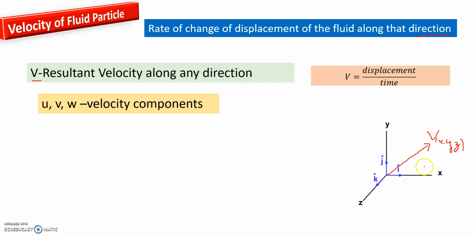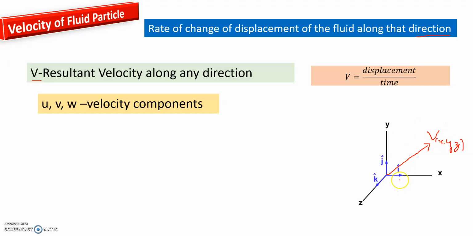If I want to go for further mathematical modeling, I need to split this resultant velocity into its components: u in the x direction, v in the y direction and w in the z direction.